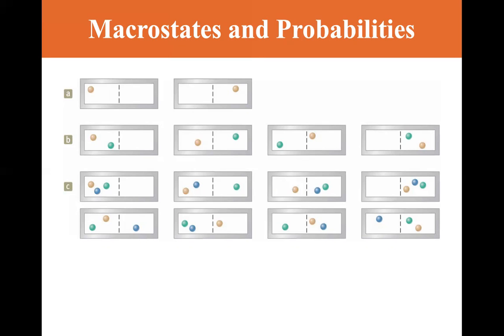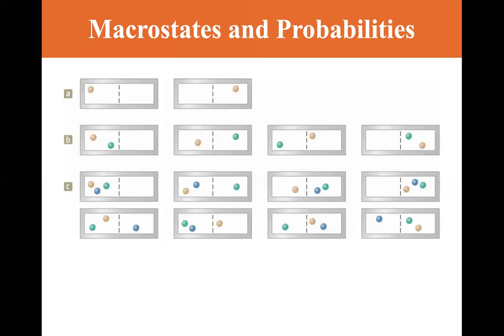Let's consider just 100 molecules in a container. Half the molecules are oxygen and the other half are nitrogen. At any given point, the probability of one molecule being in the left of the container in figure A on the top as a result of random motion is 1/2.